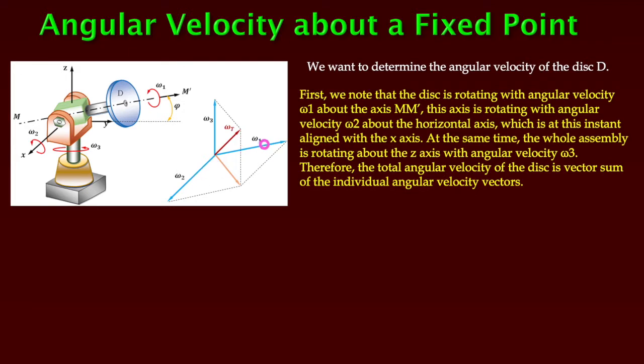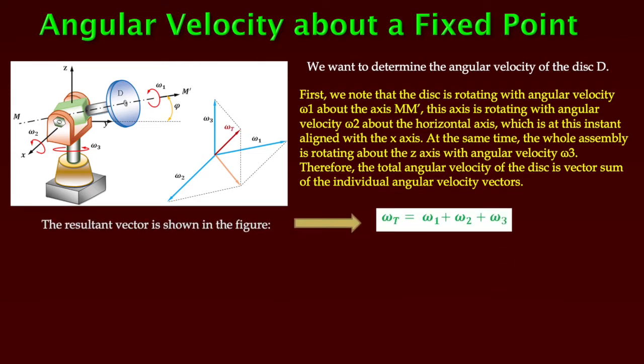Now summation of omega 1 and omega 2 can be represented by this line, and the resultant of this and this is the final resultant omega t. So omega t can be written as the vector sum of all three velocities.